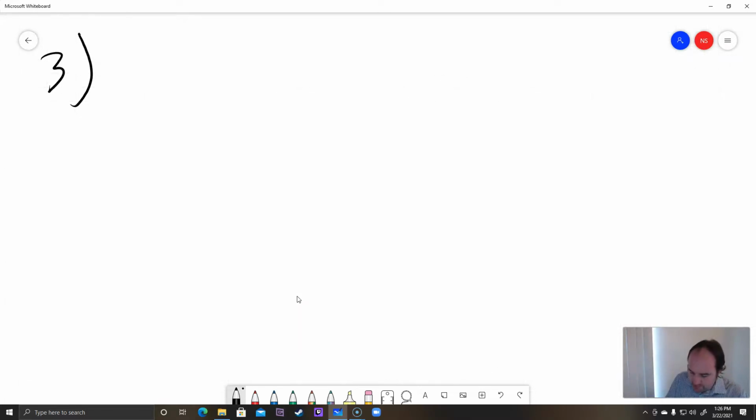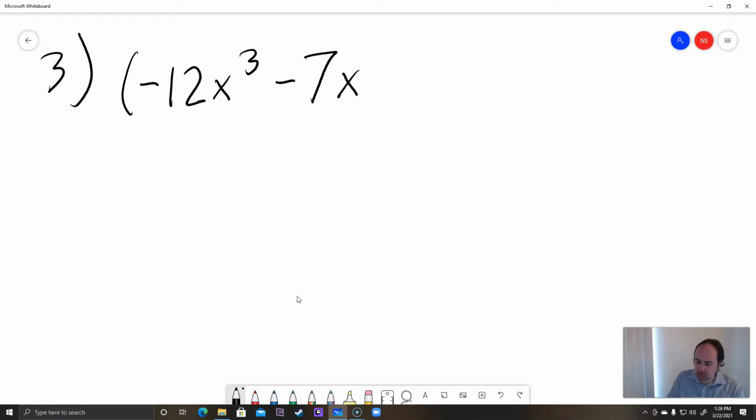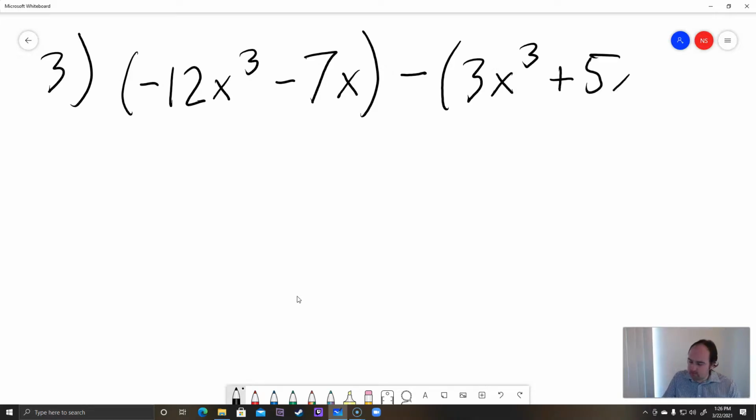So for this one, we have parentheses, negative 12x cubed minus 7x. That's our first polynomial. And then we have minus, so we're subtracting. And for our second polynomial, we have 3x cubed plus 5x minus 11.